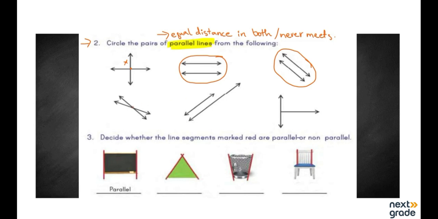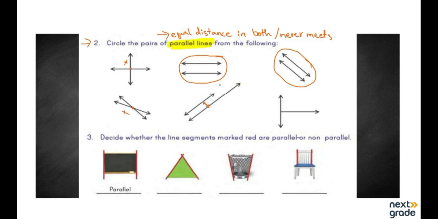Next we have the line that is intersecting in the middle, that means this is not a parallel line, we'll not circle it. But which type of line is this? This is a non-parallel line. Next we have this line, with one line segment bigger and one that is smaller, but if you extend both of these lines they are never gonna meet and they are at equal distance from each other.